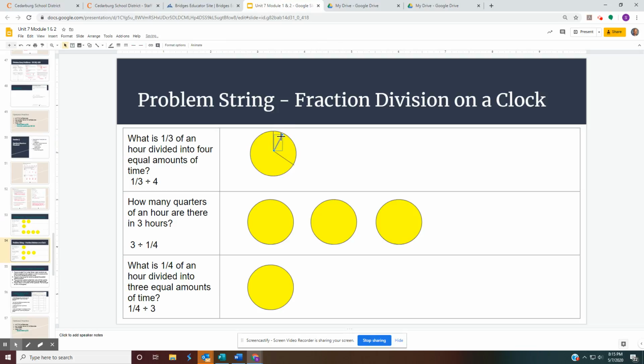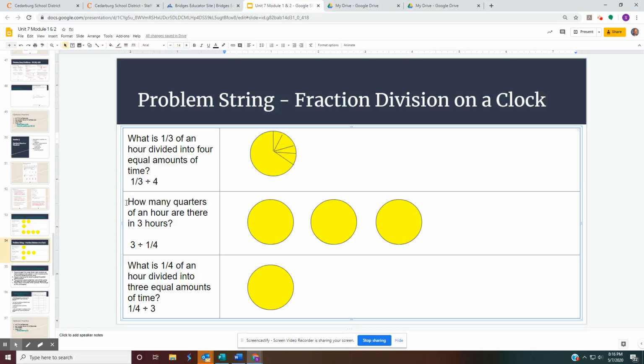When you think, what is our 1/3 of an hour, what does that fall on? That falls on 4, right? So when I divide that into 4 spaces like that, that's 5 minutes, right? 5-minute increments. 5-minute increments is 1/12 of an hour. So 1/3 divided by 4 is 1/12 of an hour.